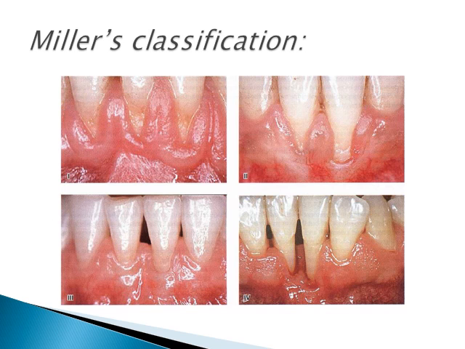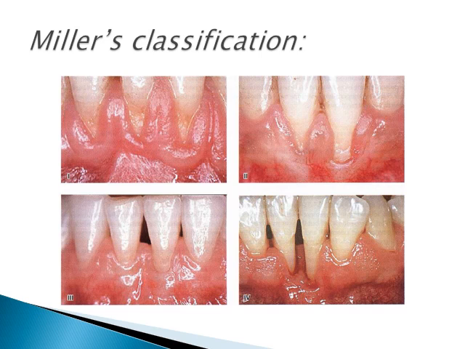This is Miller's classification. As you notice in class 1, the marginal recession does not reach the mucogingival junction, the interdental papillae are intact and there is no bone loss. Class 2, the recession may reach the mucogingival junction, but the interdental area is intact and there is no bone loss.